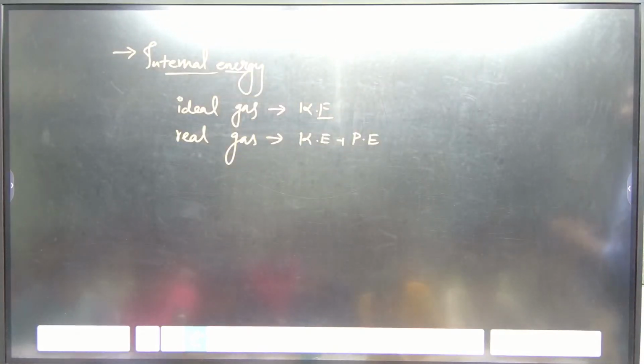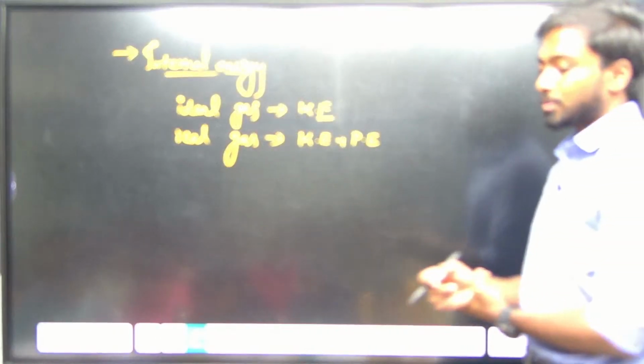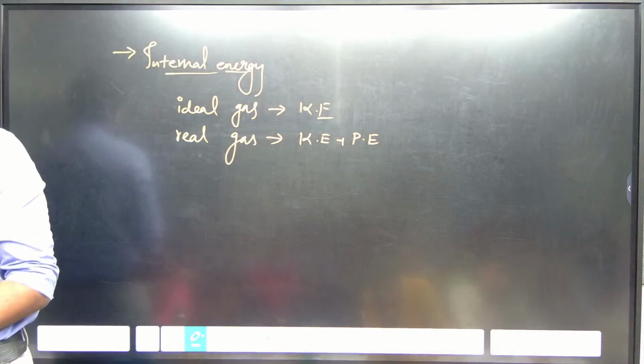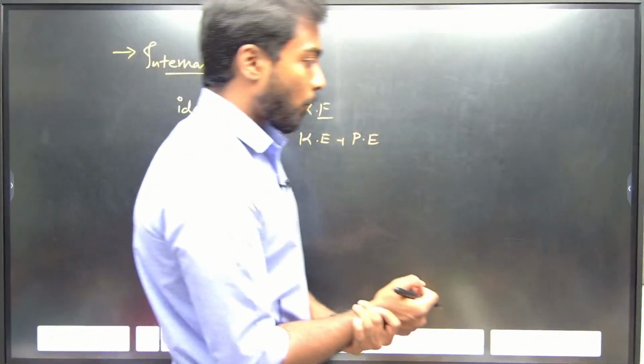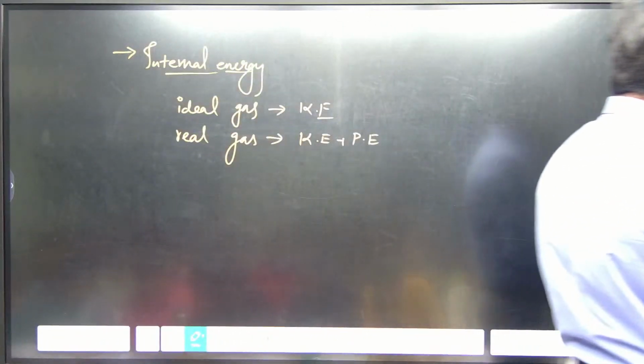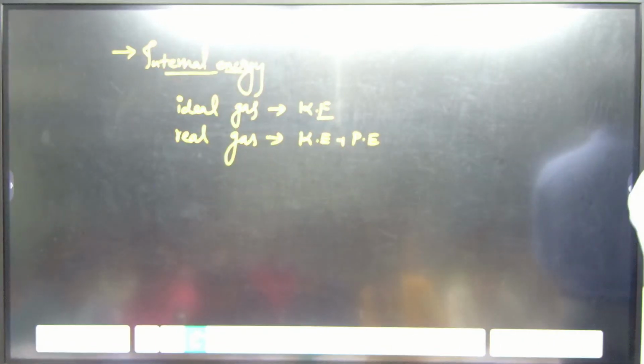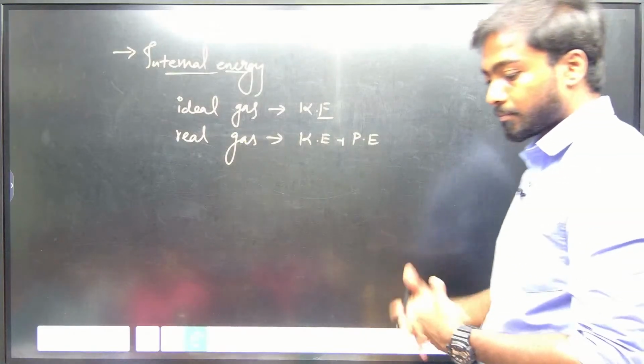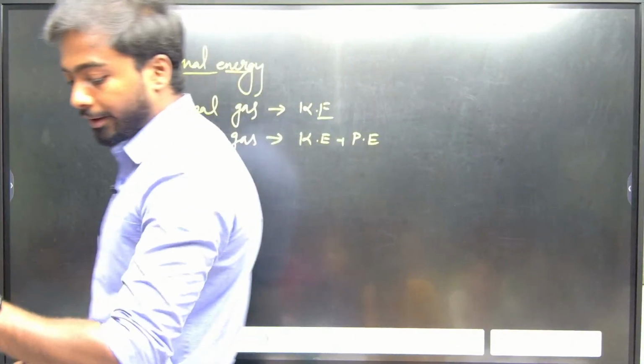Example, oxygen and hydrogen. Interaction between the particles. Okay, now write down the points. So, ideal gas and real gas completed.